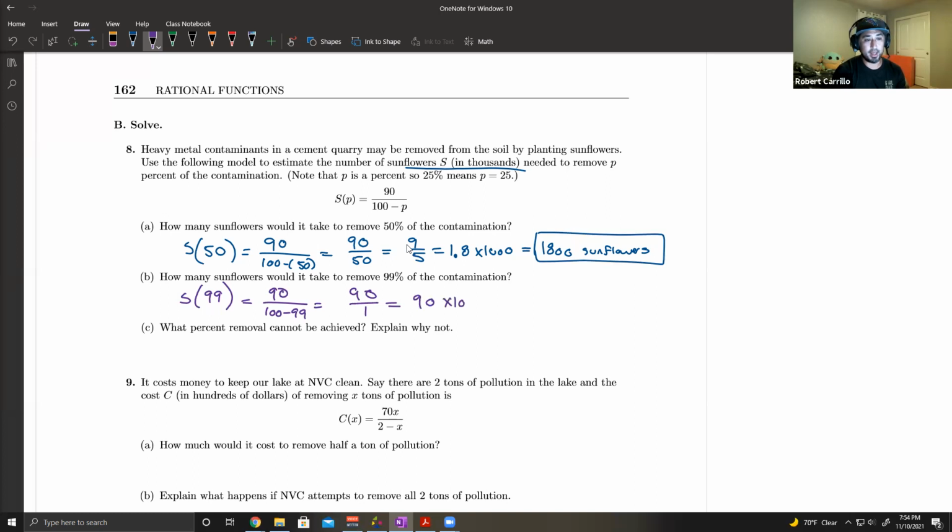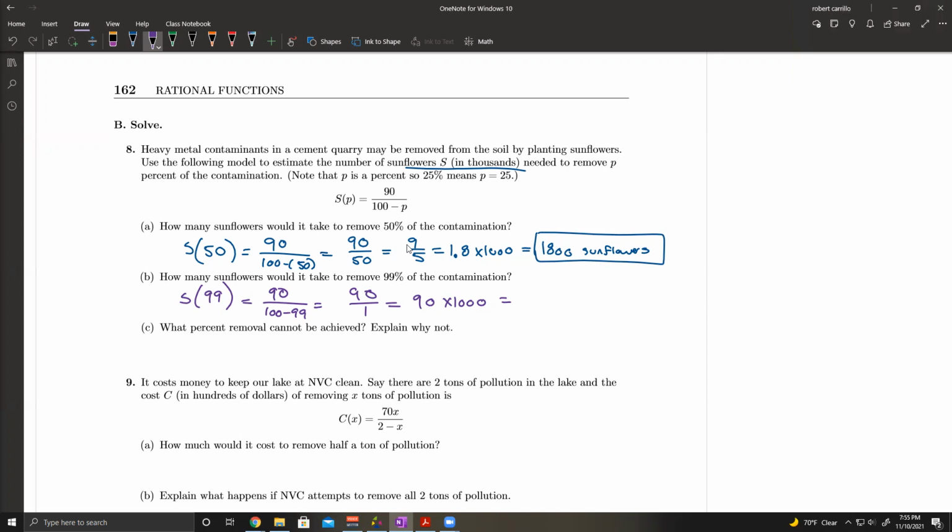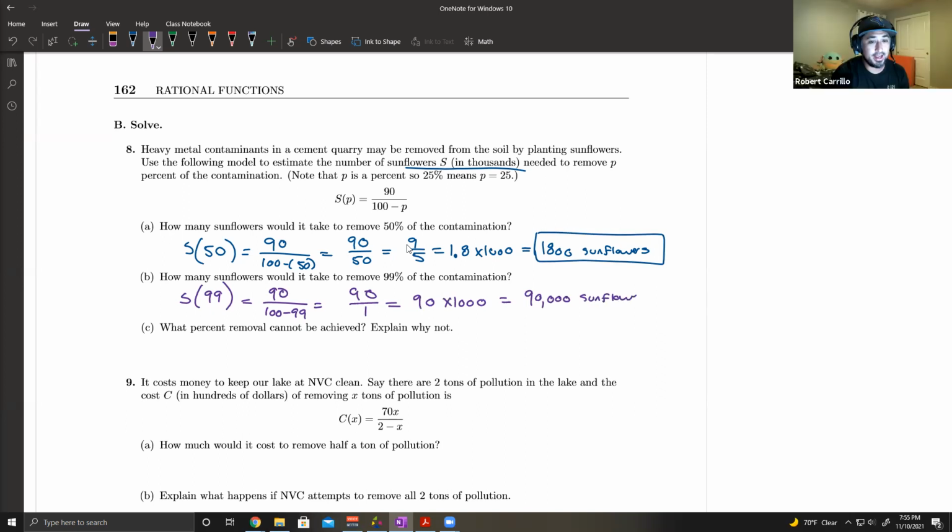But then multiply that by 1,000. And what would that be? 90,000. So you need 90,000 sunflowers to get rid of 99% of the contamination.